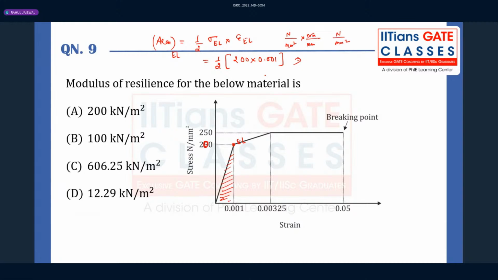So let's first find the value in Newton per mm square: 0.1 Newton per mm square. So you get 0.1 into 10 power 6 Newton per meter square. Now when you convert into kilonewton per meter square, you will find it is 100 kilonewton per meter square. We will be correct.